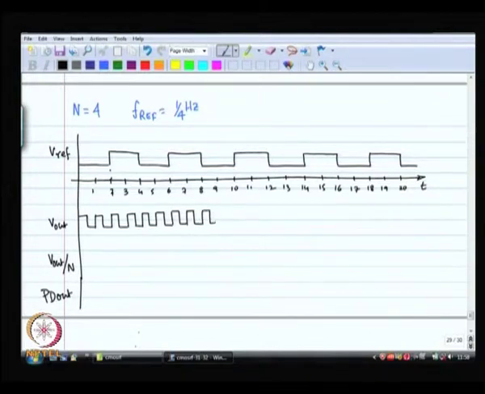Suppose this is how the VCO is running, in which case the divide by n is going to be something like this. Oh, I am sorry, I drew it incorrectly. So, it is going to count 2 cycles and then it is going to go up.